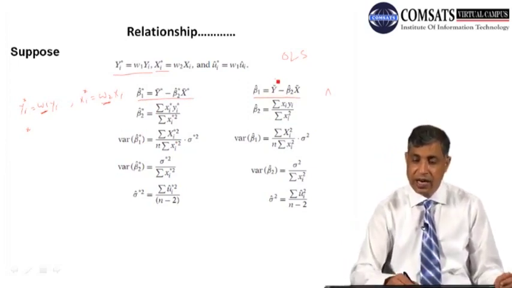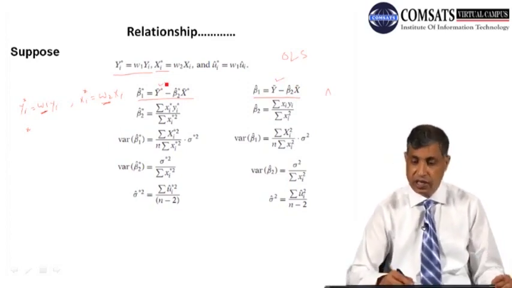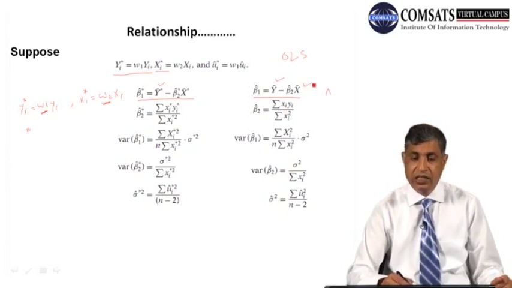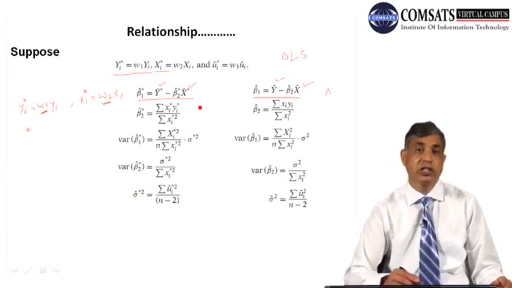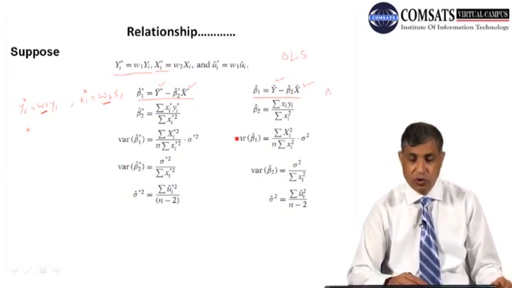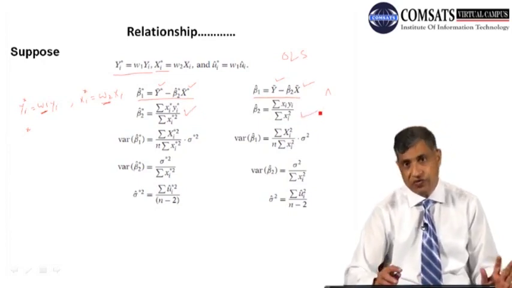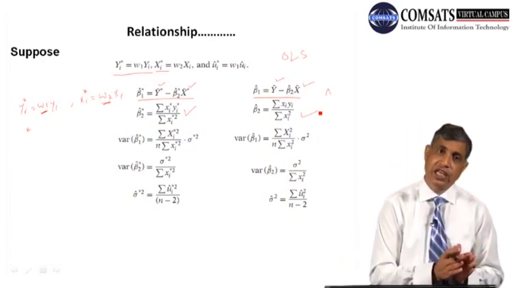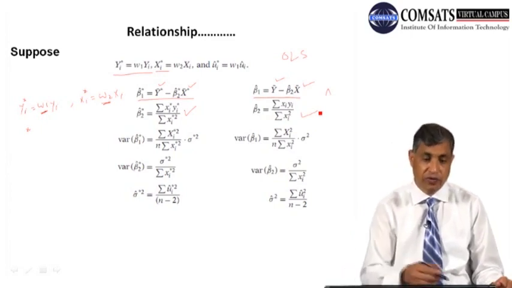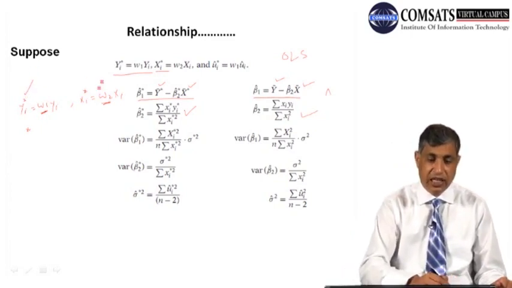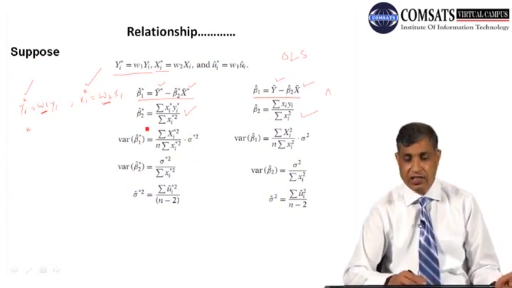Here you are taking the y bar of the y star variable, that is your new variable, here x star bar, and here beta 2 hat star. So there is no difference except that on one side you get the formula from the new variables, y star and x star, and you use the estimates with the star.